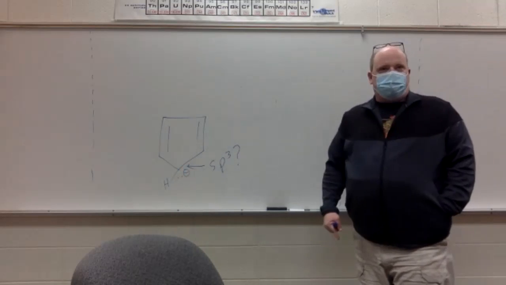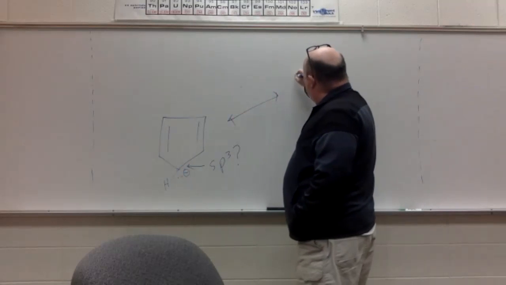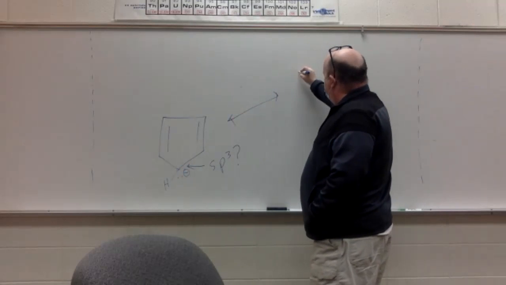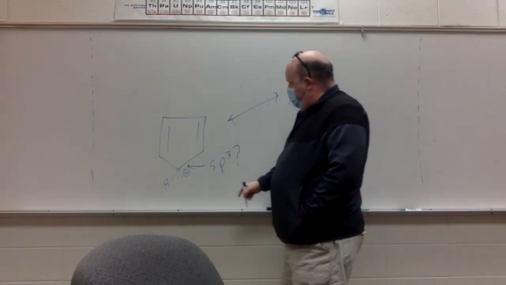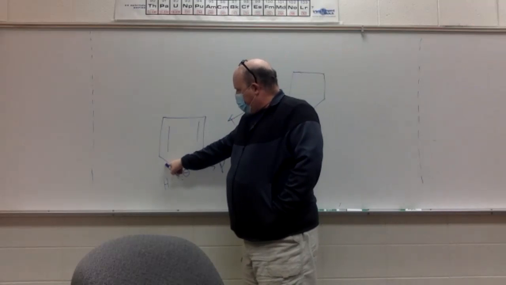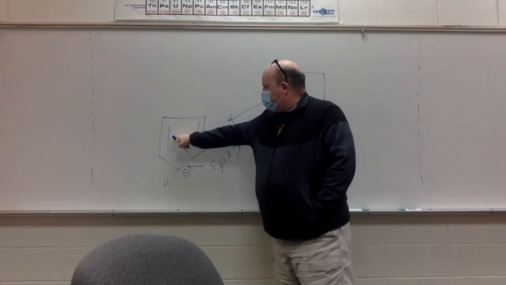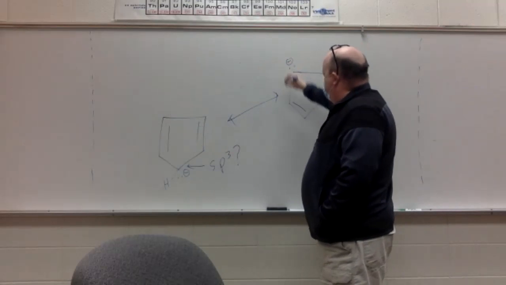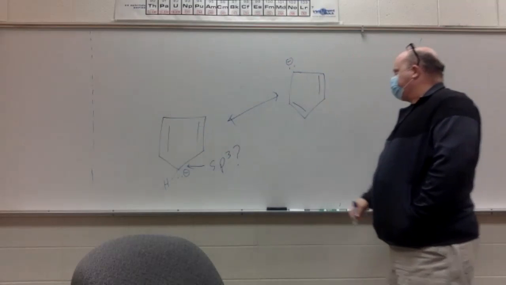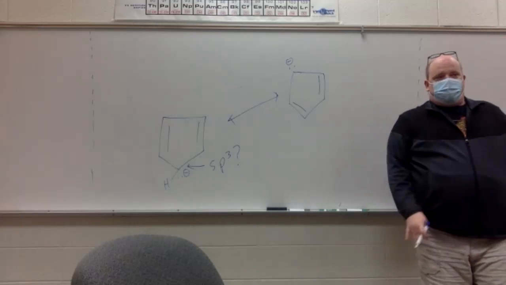Guess what? You can do the same thing here. A pair of electrons could hop over here, form a double bond. This pair of electrons could hop over here to give you a negative charge at that carbon. And there's others that we could draw as well, but I'm going to just stop with this one for the moment.